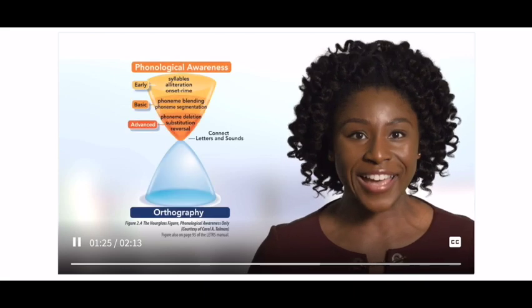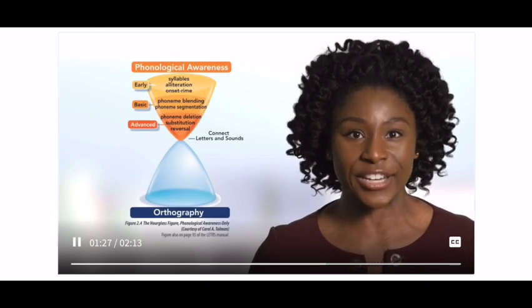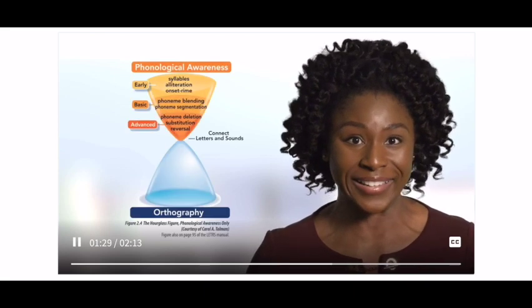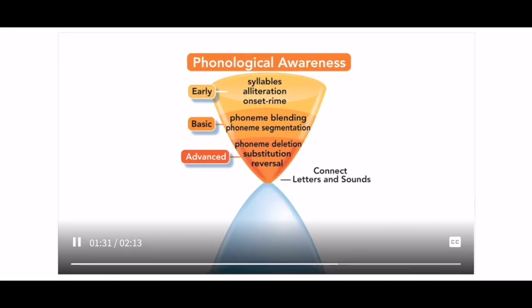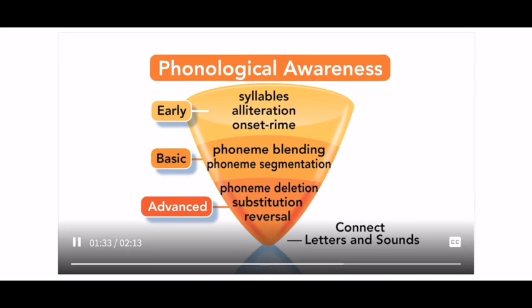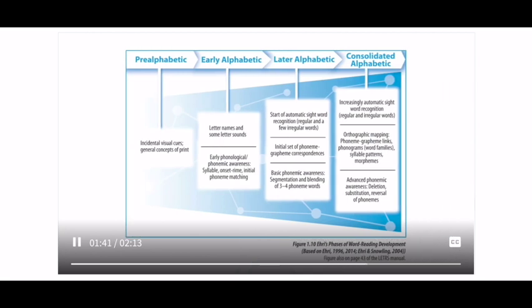After discussing the four processors and their role in word recognition, we used the hourglass figure to outline the skills necessary to master word reading and spelling. The top portion of the hourglass encompasses varied skills we've outlined in detail in this unit. These phonological skills are also embedded in Ehri's phases of word reading development. Ehri's model depicts how students progress from early phonological awareness to basic and advanced phonemic awareness as they learn to read print.